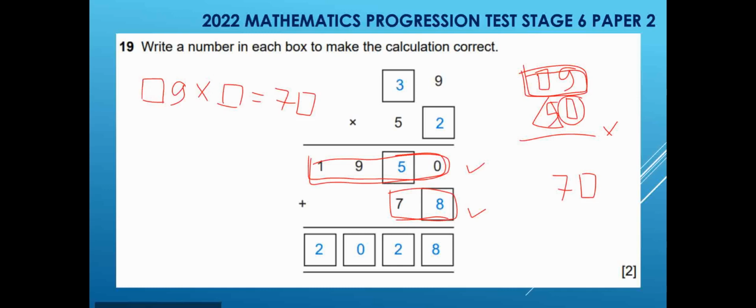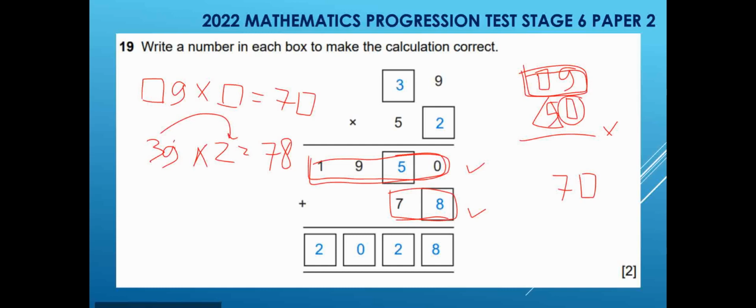So in here, if we take 39, 39 times 2, we'll get 78. So we have to choose a number that when we multiply, we get 7, so we choose 39 times 8.